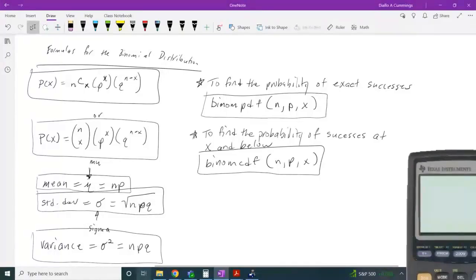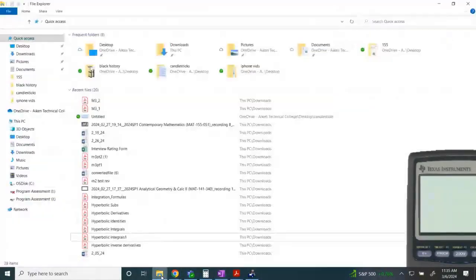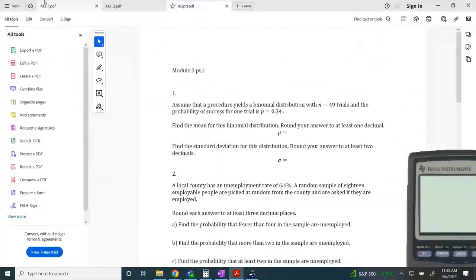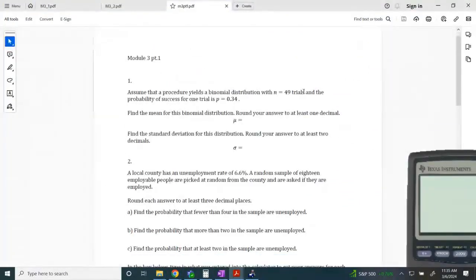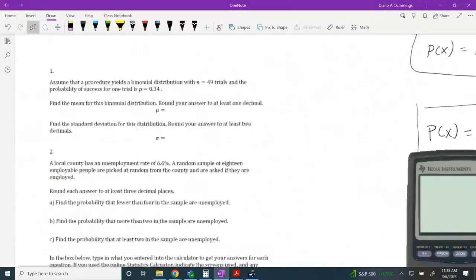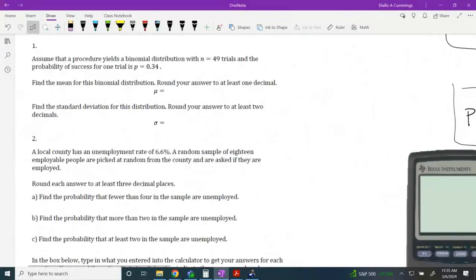All right, so if you look at the Module 3, Part 1 handout, we're going to take a look at number 1. It says, assume that a procedure yields a binomial distribution.